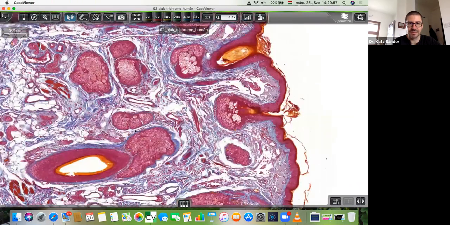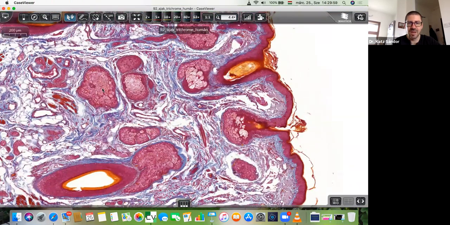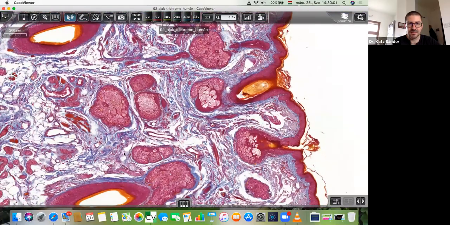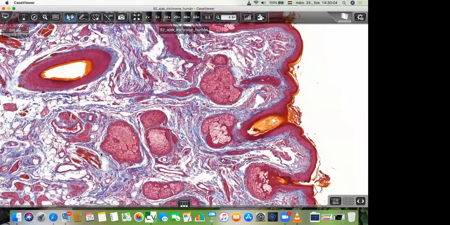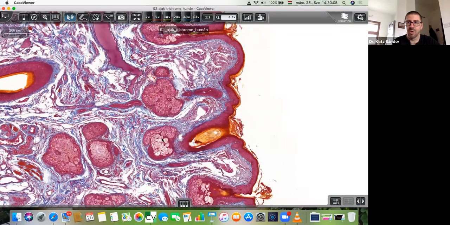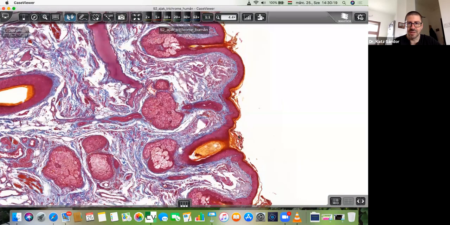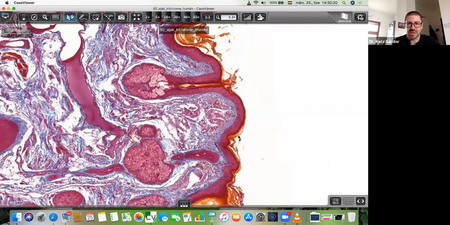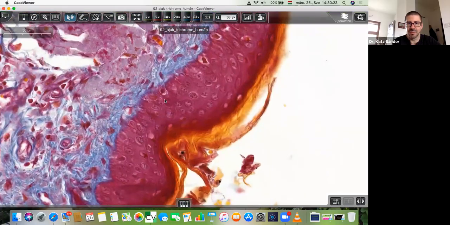What kind of glands are these? Sebaceous glands, so holocrine type glands. They are associated with the hair follicles, showing holocrine secretion. Just looking at this nice area, looking at the epithelium, beautifully seen.